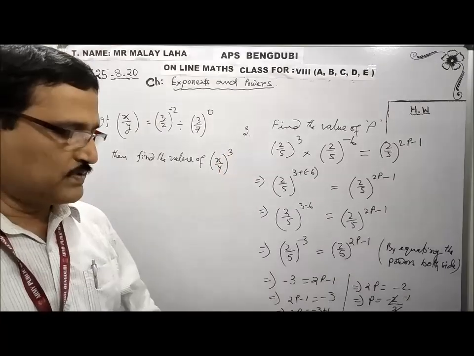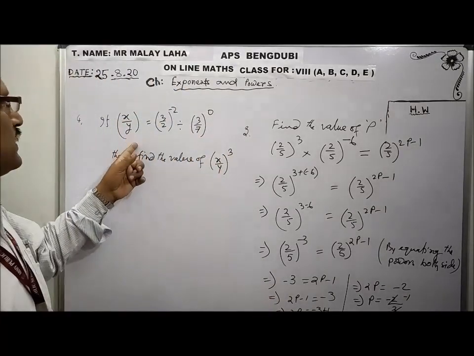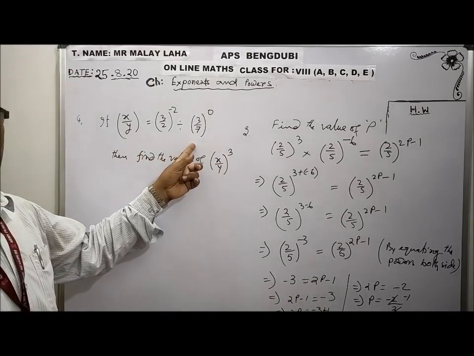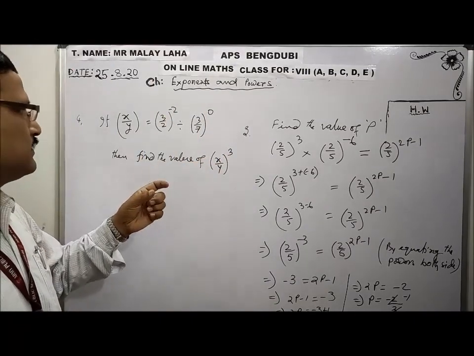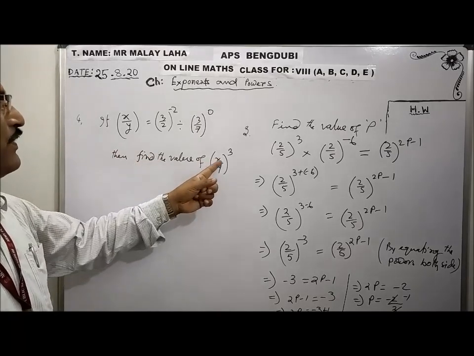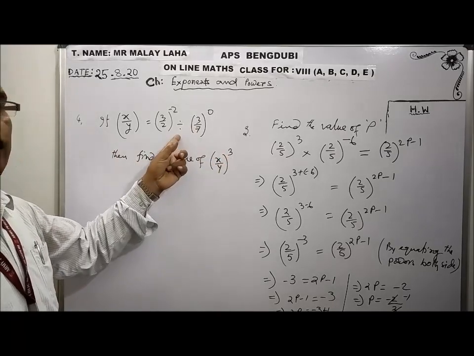So first of all, you have to simplify this part, x by y equals this. Clear? If the result comes in the simpler form, then what should be the value if I find the cube? So you have to simplify this one.